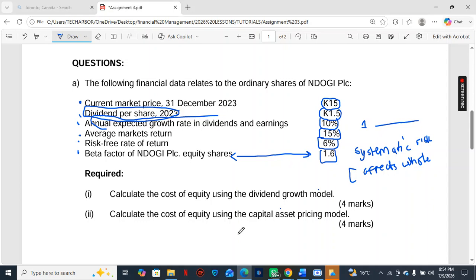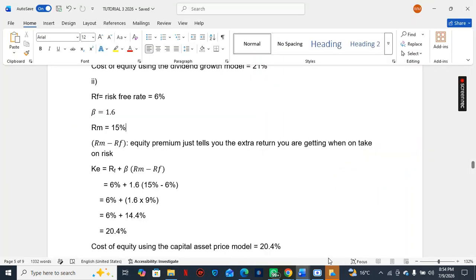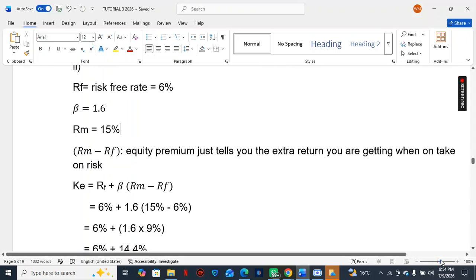So, capital asset pricing model. This is just how you do it. Risk-free rate 6%, equity beta 1.6, average market return 15%.